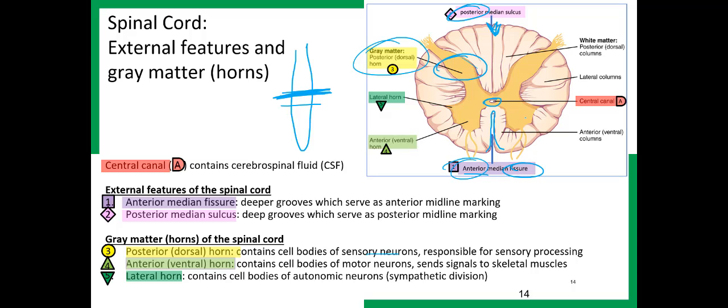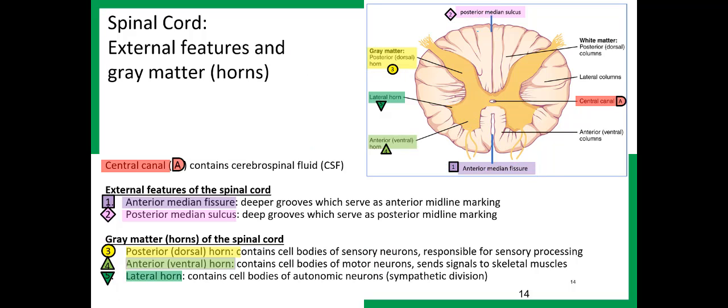The ones in the front, called the anterior ventral horns, contain cell bodies of motor neurons. And the ones at the side, the lateral horns, contain cell bodies of the autonomic neurons of the sympathetic division, right? So the spinal cord is organized: sensory neuron cell bodies over here, motor neuron cell bodies over here, autonomic neuron cell bodies over here. Everything is grouped together.